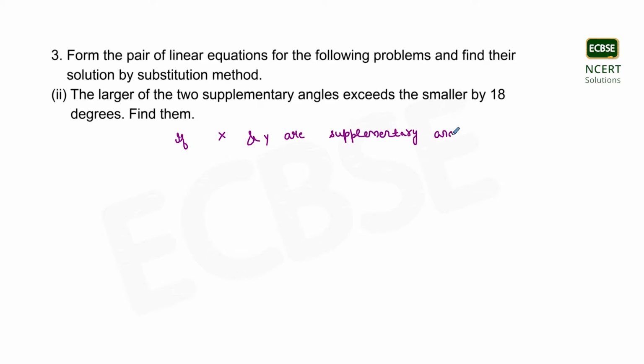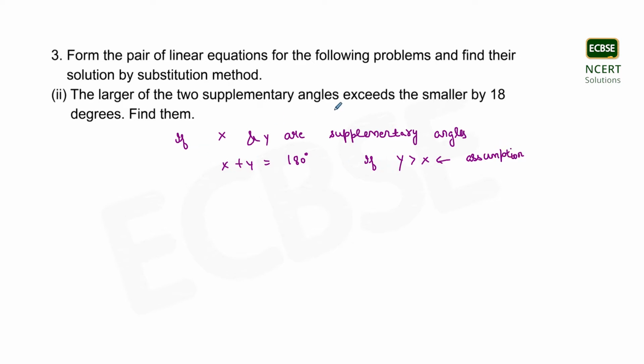And as we know, if x and y are supplementary angles, then their sum will definitely be equal to 180 degrees. Here we are assuming in this question that y is greater than x. Just remember, this is an assumption we are taking.